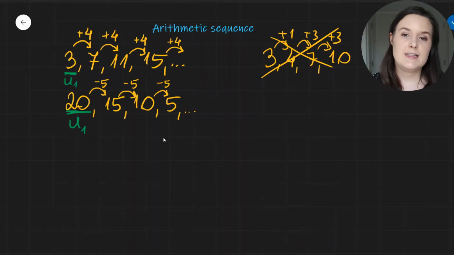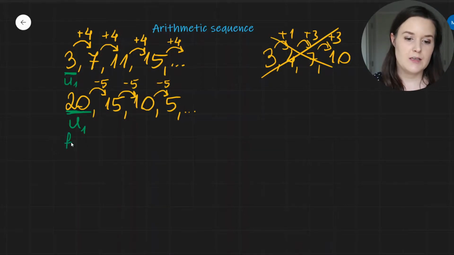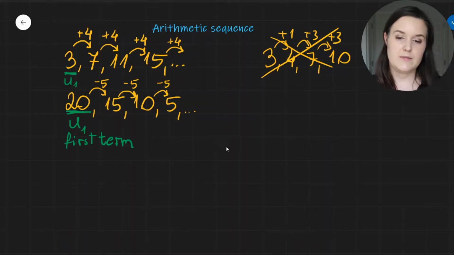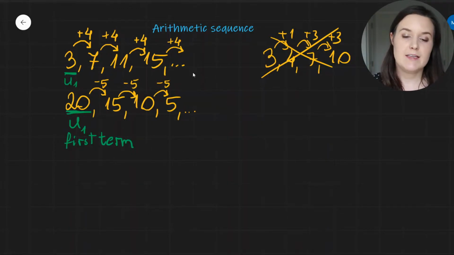The second thing is the number that you add. To define an arithmetic sequence, you have to know what is the first term, and then the number that you add is called the common difference.